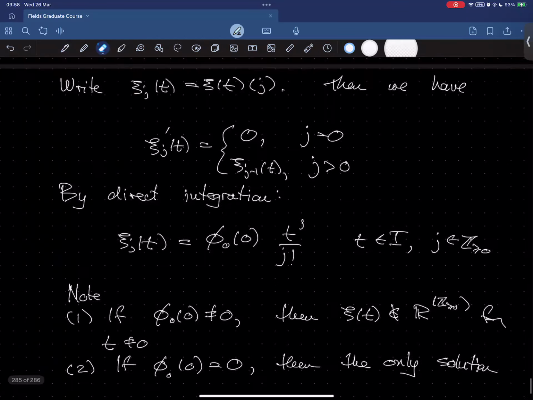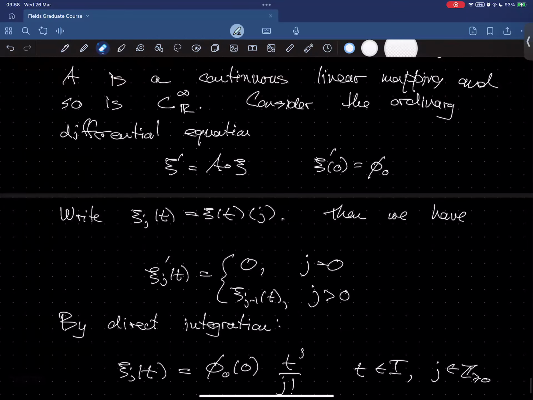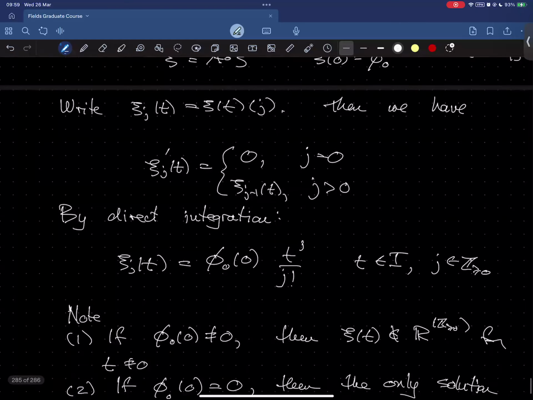So let's call this initial value problem 1, because we're going to have another one in a second.